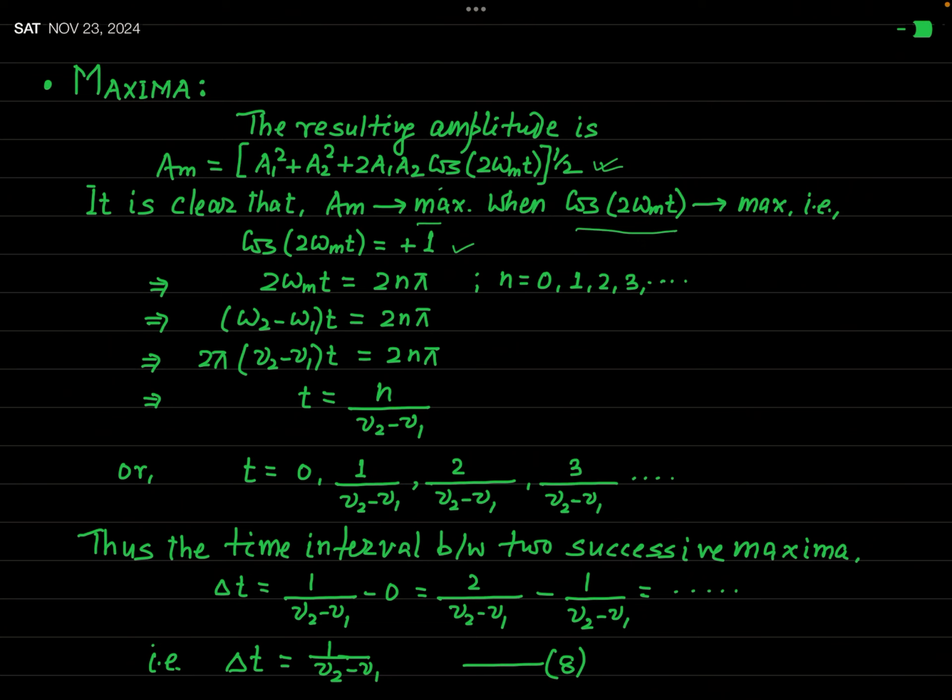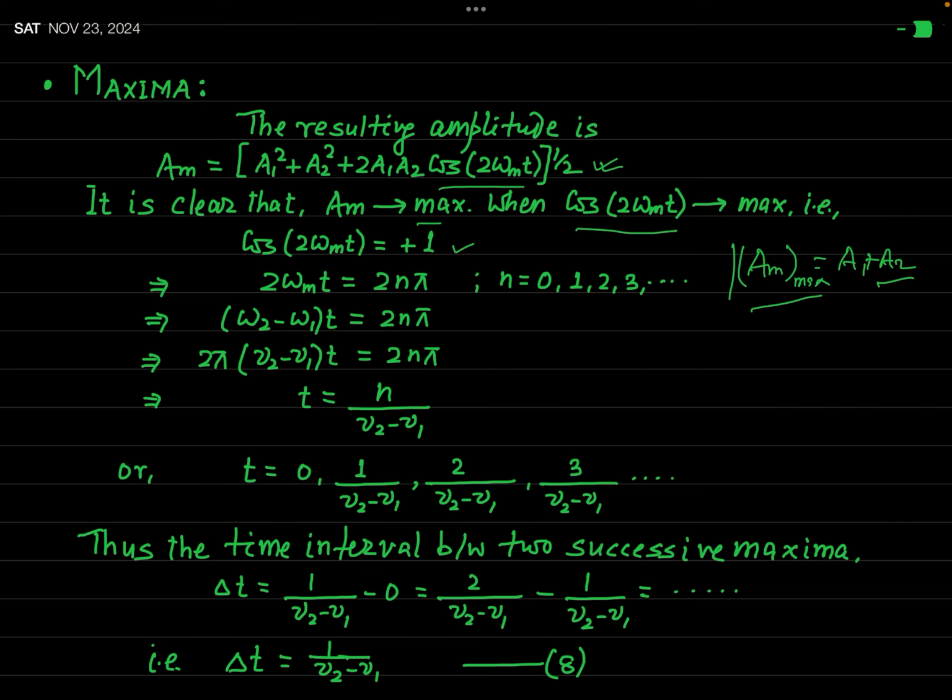And so when cos 2 omega m t is equal to plus 1, what will be the maximum value of AM? You can write it. The maximum value of AM will simply be equal to A1 plus A2. So the sum of the amplitudes of the individual oscillations is the maximum amplitude of the resulting oscillation.